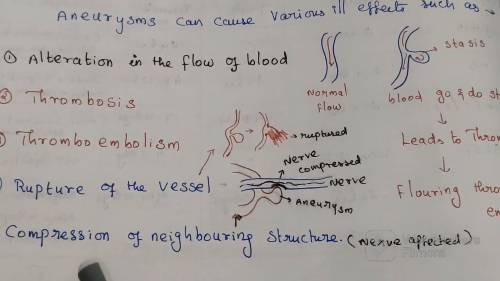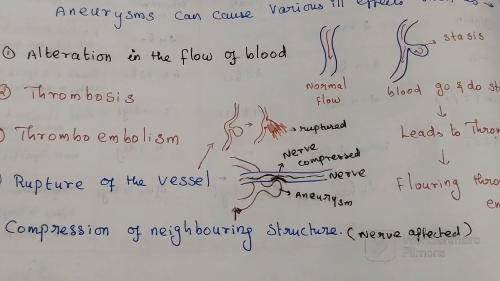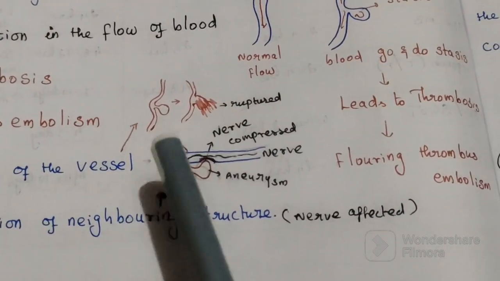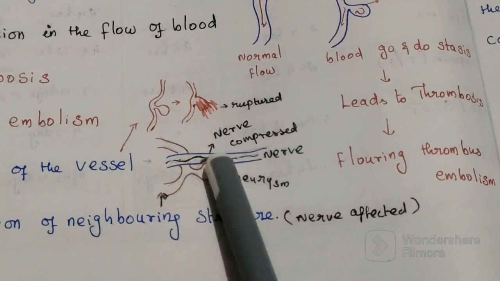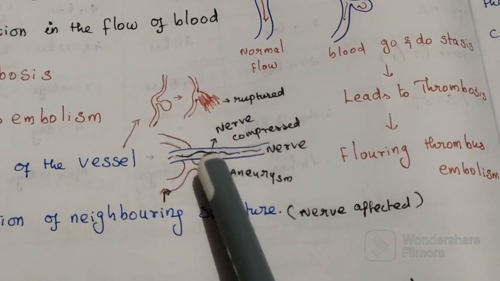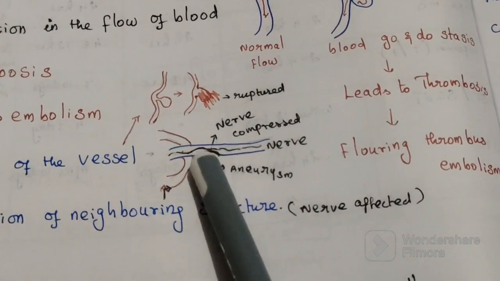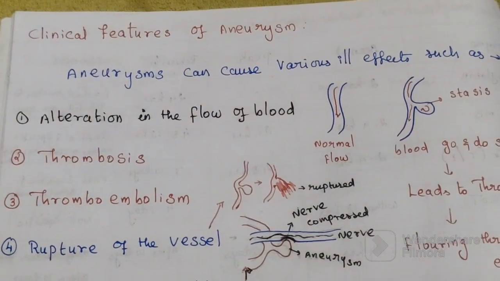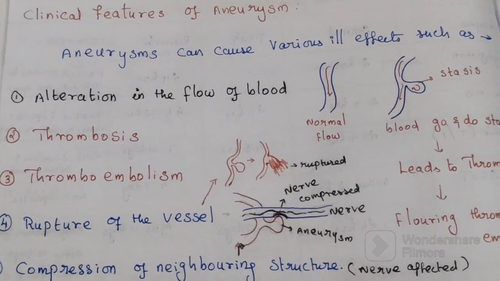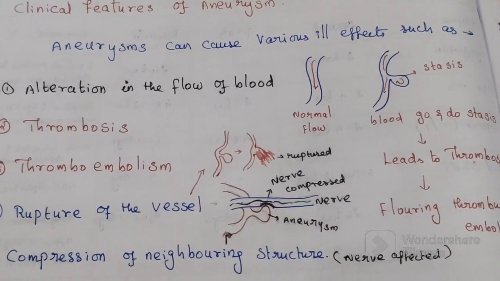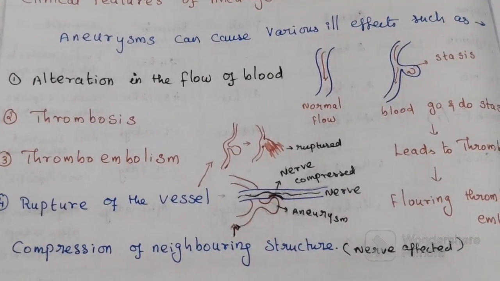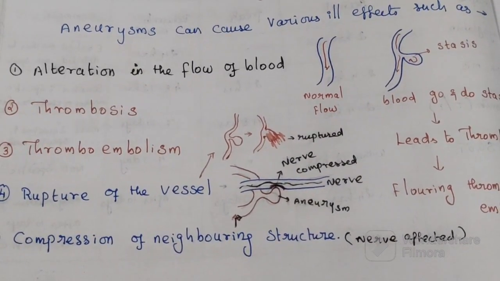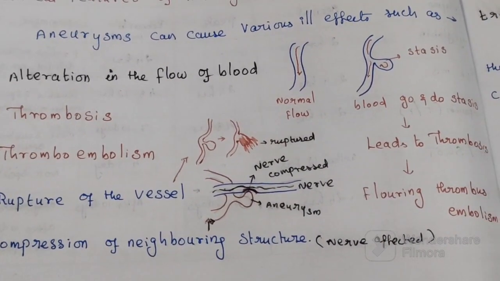After that, compression will be there, so compression of neighboring structures. For example, here this one is the nerve. Here compression will affect that nerve. So these are the 5 clinical features of aneurysm: alteration of flow of blood, thrombosis, thromboembolism, rupture of vessels, then compression of neighboring structures.